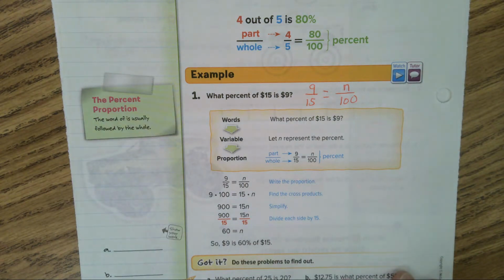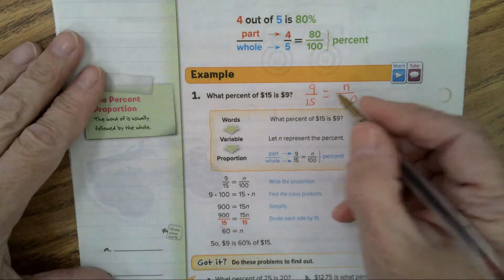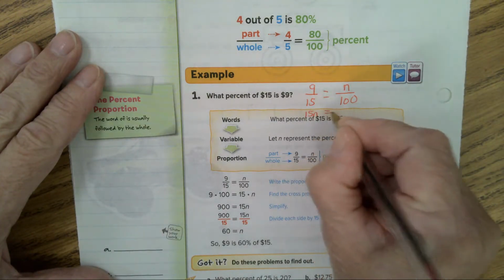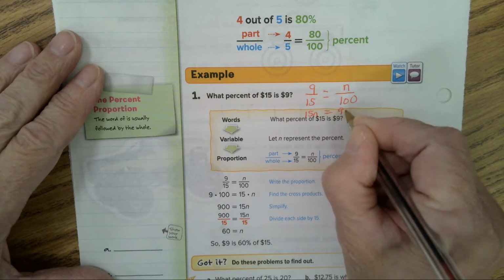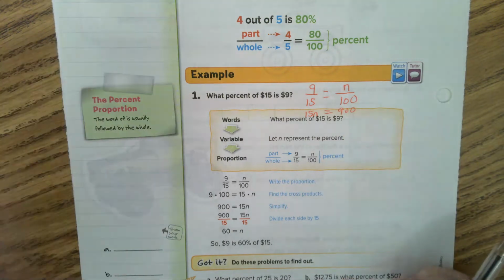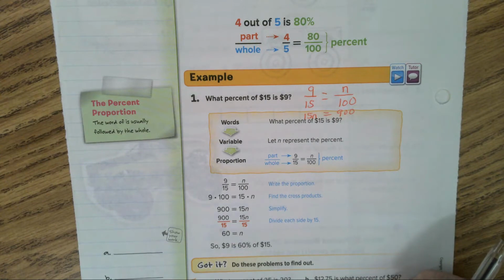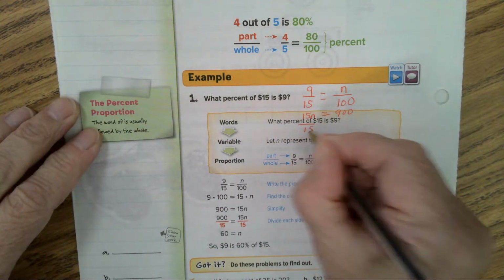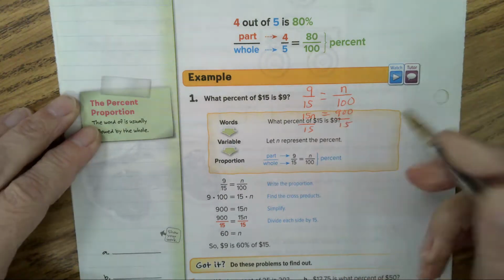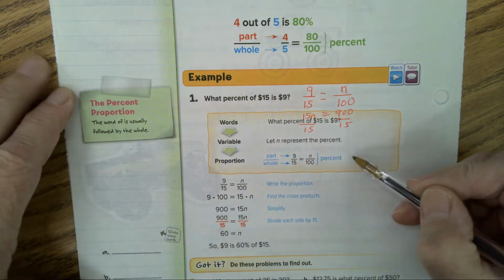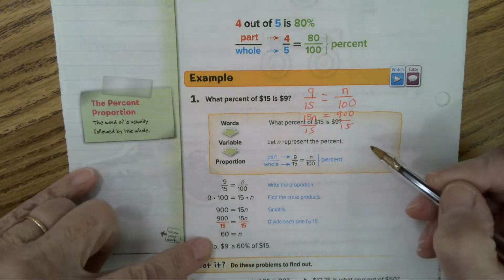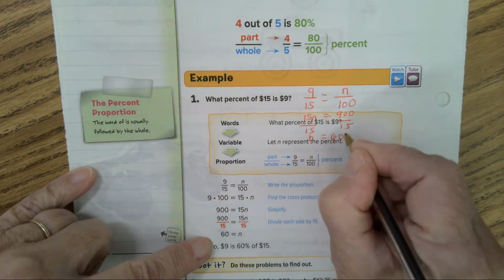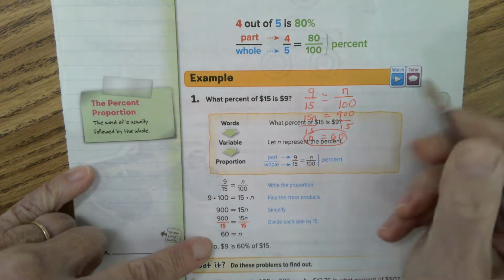Okay, now it's just solve it. You do your cross products. You would have 15 times N equals 9 times 100, which is 900, right? Now you divide both sides by 15. 900 divided by 15 will give you the answer 60. N equals 60. And it's a percent.